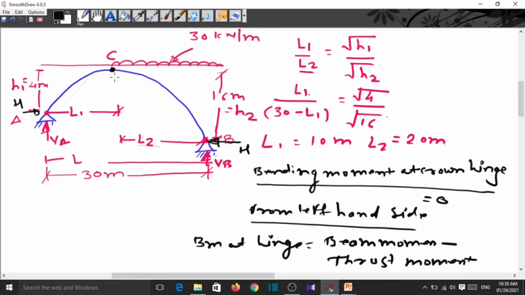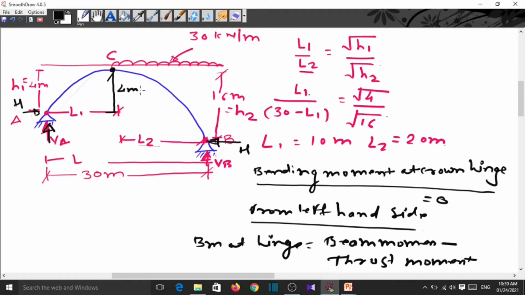So here VA creates the beam moment, VA into L1. Now the H moment is H into y, so this is the 4 meter.